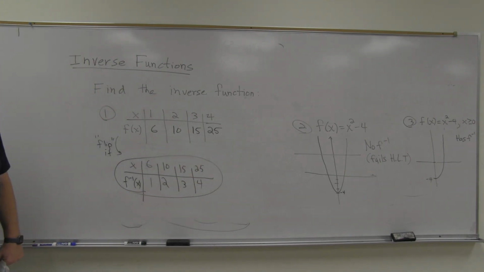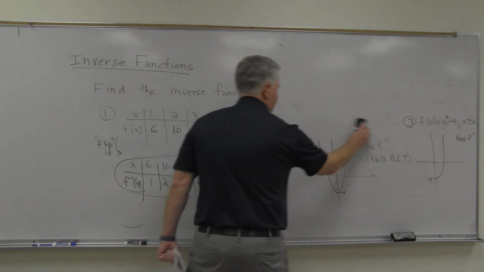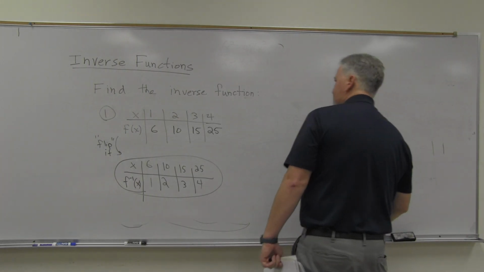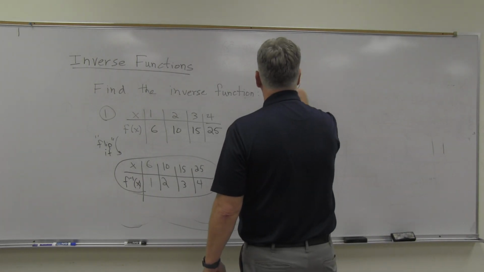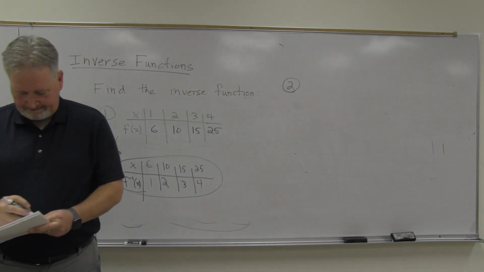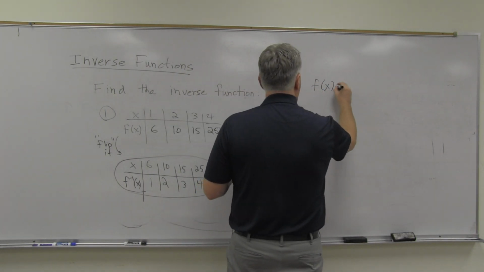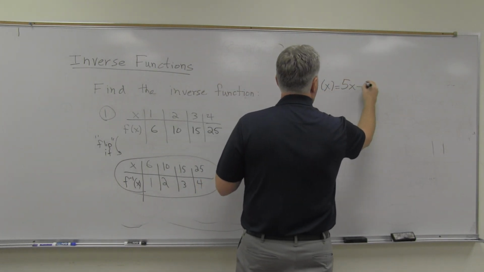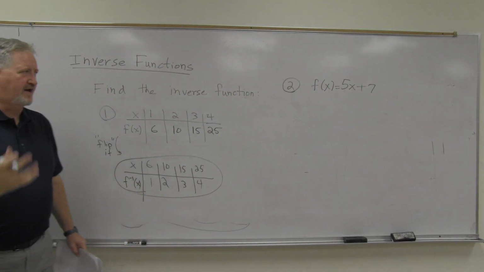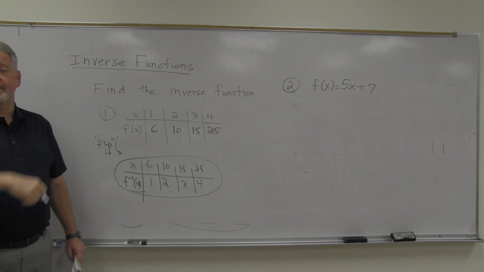Okay. All right. Now, what if we have an equation? So number 2. First of all, just point out, that's a line, slope 5, y-intercept 7.